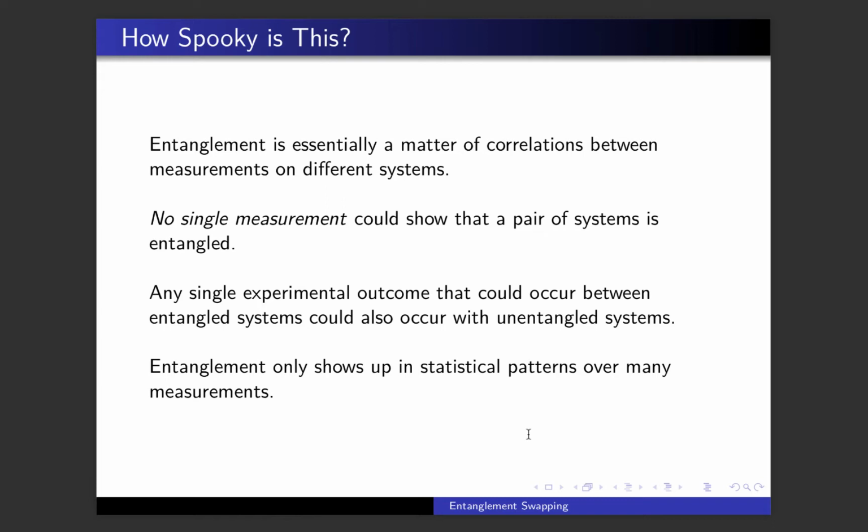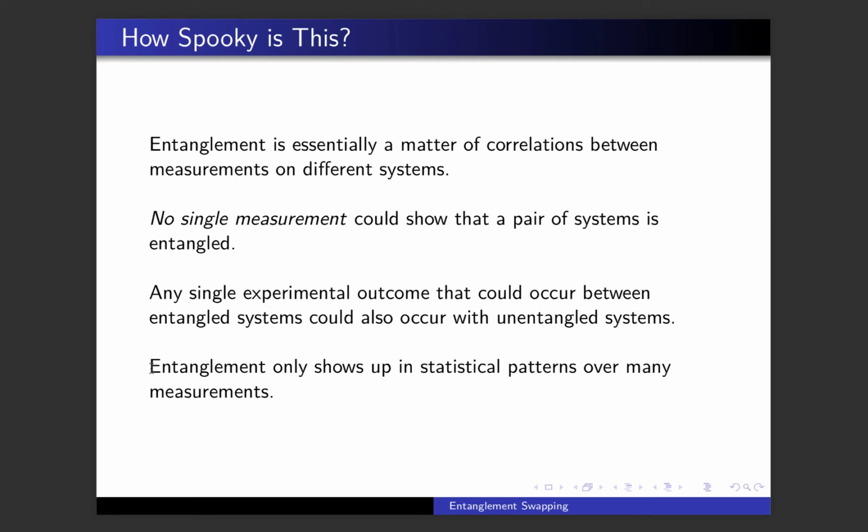you can't tell that. Any experimental outcome that you could get if you made a measurement on a pair of entangled systems, any experimental outcome that you could get in that case could also occur if the two systems weren't entangled. So the point is that entanglement only shows up in statistical patterns that you get when you make many measurements. This is analogous to a point that we made about teleportation.